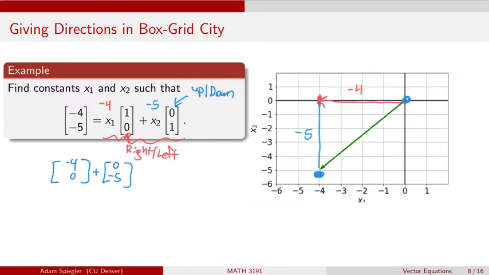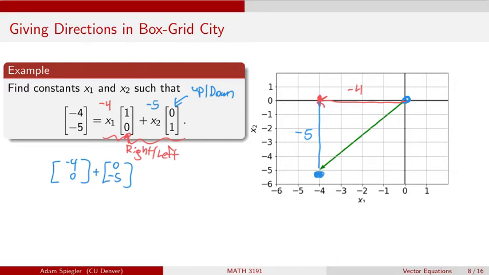So one way that you can think about this question again is it's saying, okay, if you want to wind up at minus 4, minus 5, give somebody directions about how to get there if they only can move directly to the left or to the right and directly up and down. So if they lived in a city that had perfectly rectangular gridded streets.